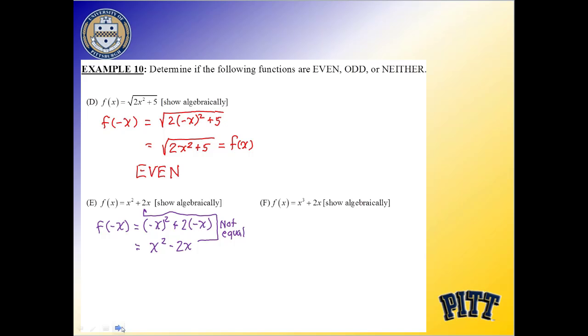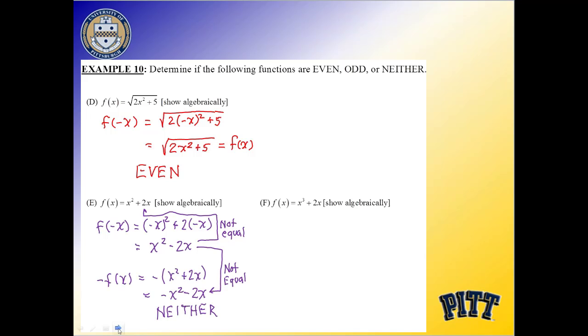Well, it worked for 2 and negative 2. Did it work for every other possible x? If you haven't tried all of them, you're not going to know. But typically x squared minus 2x is not going to equal x squared plus 2x under most circumstances.